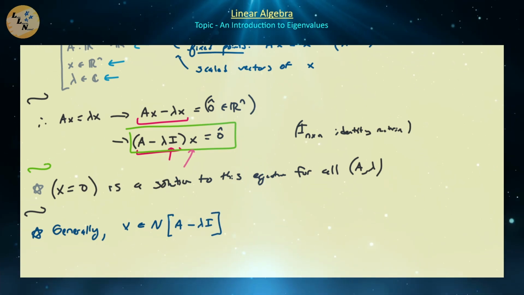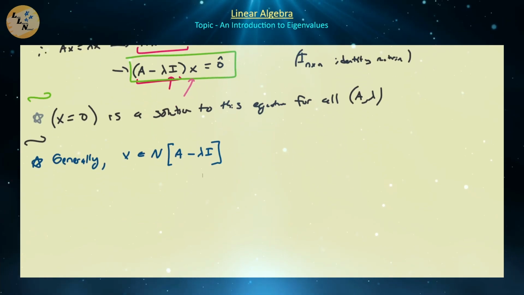If you don't know what the null space of a matrix, or the null space of a homomorphism, is, definitely check that out in our vector space discussion, right? So if A - λI is an invertible matrix, then x = 0 is the only solution.